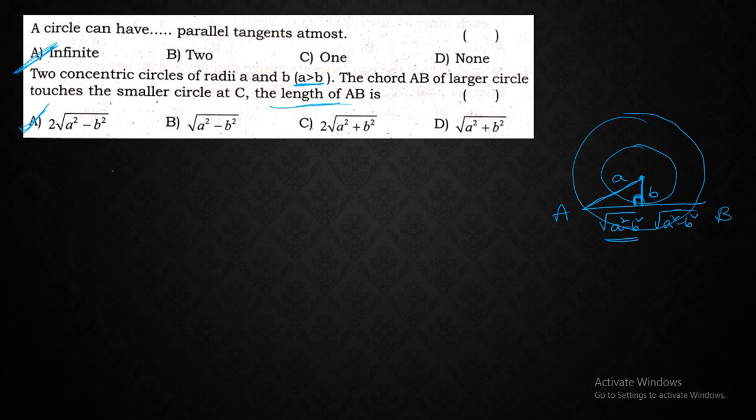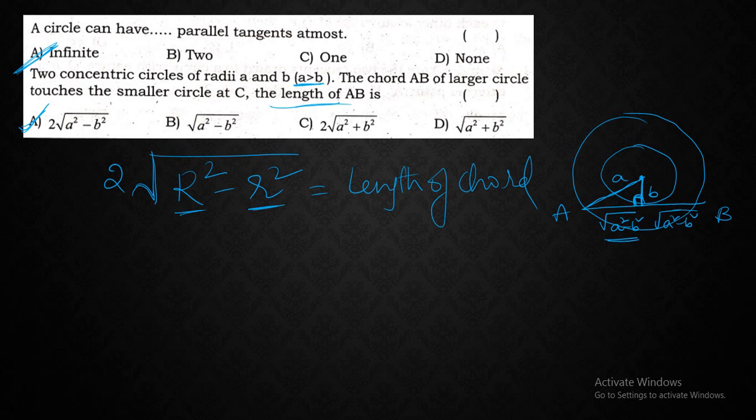Or simply you can remember this formula as 2 into square root of capital R square minus small r square. That is the length of chord, where capital R represents the bigger circle radius and small r represents the smaller circle radius.